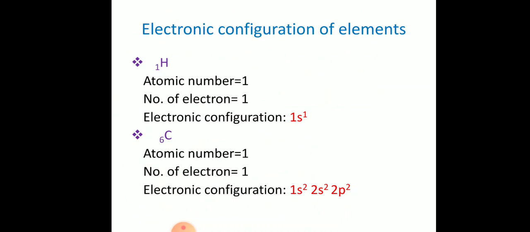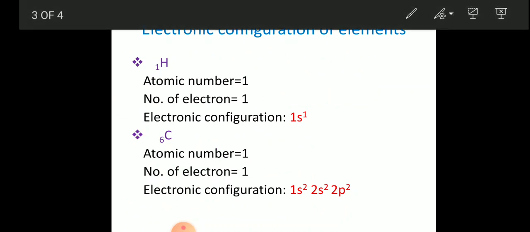Next, one more example I have solved here with carbon, atomic number 6. I just want to make a correction. Atomic number is 6, and the number of electrons will also be 6. That was a mistake, so just replace the 1 and 1 by 6 and 6.